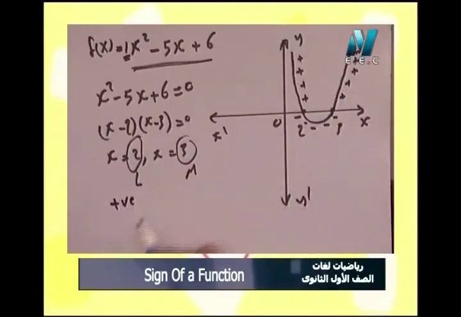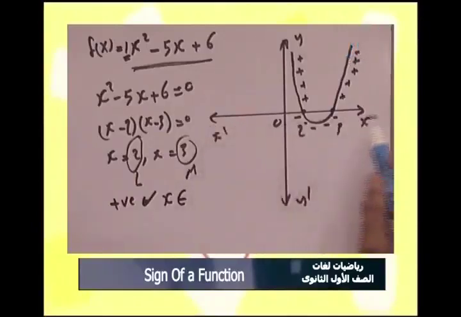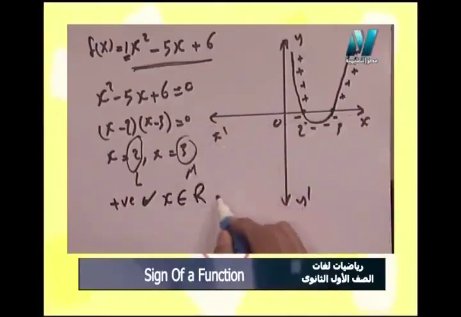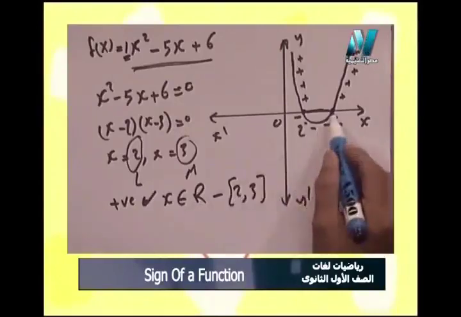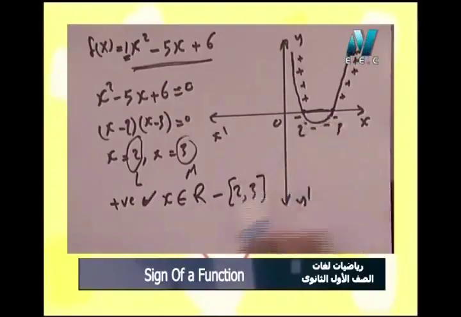Where is it positive? For all x belongs to what? All real numbers except this part, which is from 2 to 3, closed. So here all numbers except from 2 to 3. And where it will be negative, the function will be negative for all x belongs to after 2 and before 3 directly.